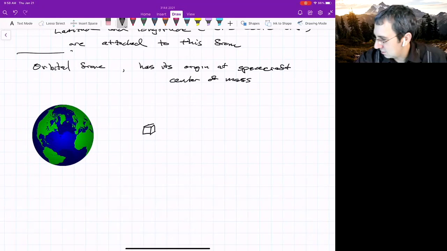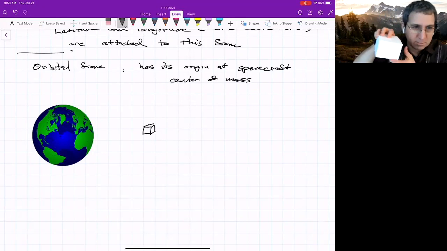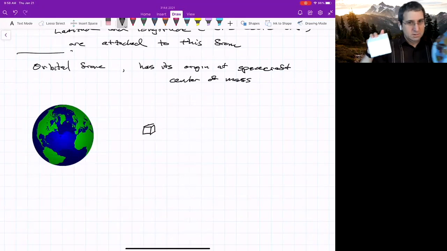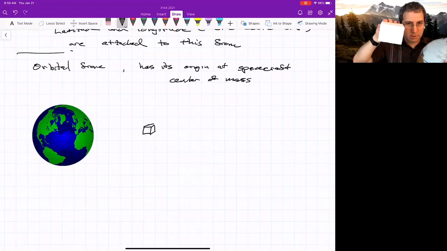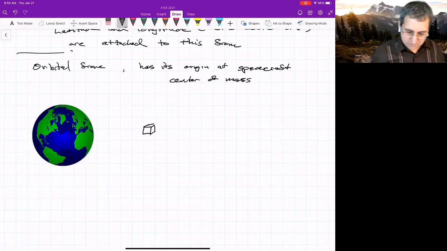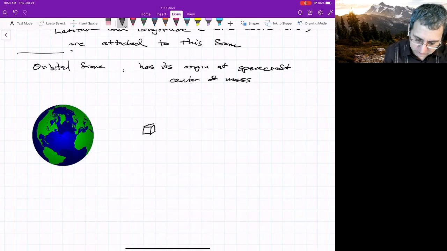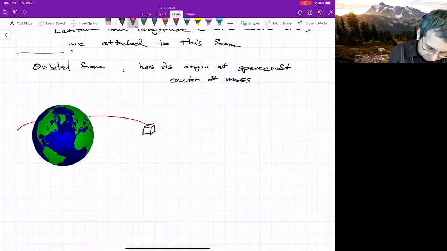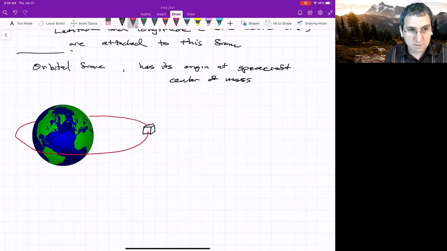It's a box, just like this. Here's my spacecraft, moving around the Earth. So the orbital frame is, of course, related to an orbit. So let's give this thing an orbit. Okay, here is an orbit, and I'll have it go behind, and then it goes this way. That's a pretty good orbit, actually. Kind of proud of myself. All right, so this is the orbit.